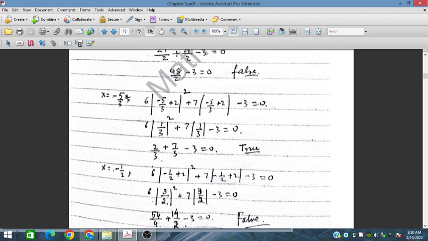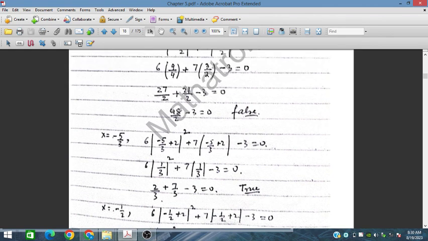So this is minus 5 upon 3, which is minus 1.66.